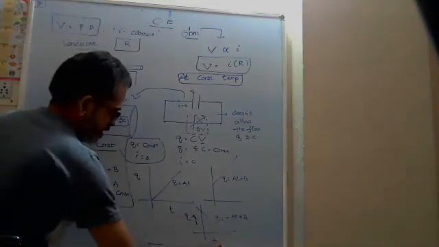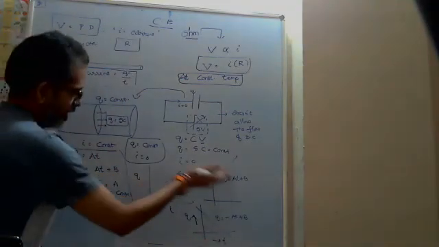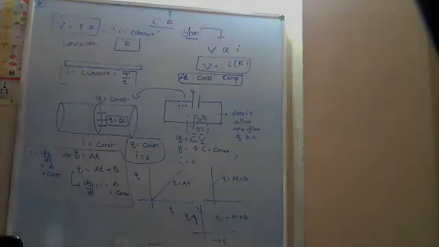In the three cases, you will get some current which is constant. Here I equals a, there also I equals a, here I equals minus a. Minus a means opposite direction. Current is flowing in opposite direction. Why? Because charge is decreasing.